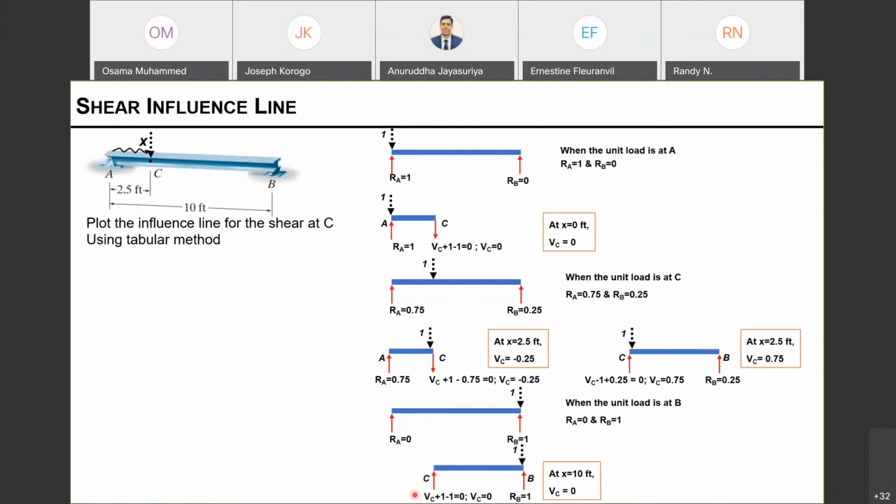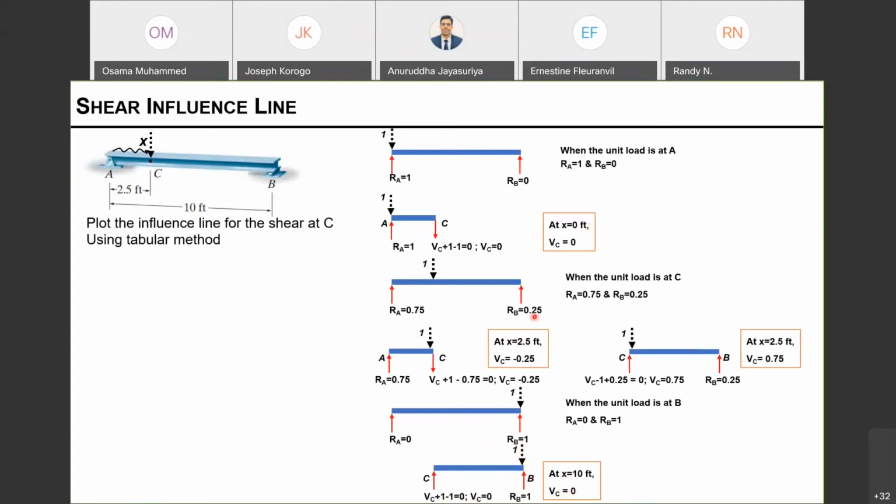So we have VC going up, RB or 1 going up, another positive one, and the applied moving load at B going down, so minus 1, equal to 0. So my net shear at C when the moving load is on top of B is 0. In other words, when X equals 10, my shear at C is 0.